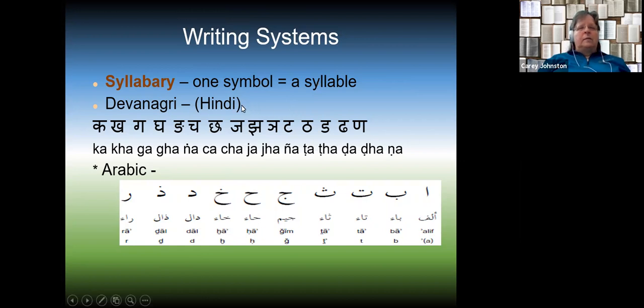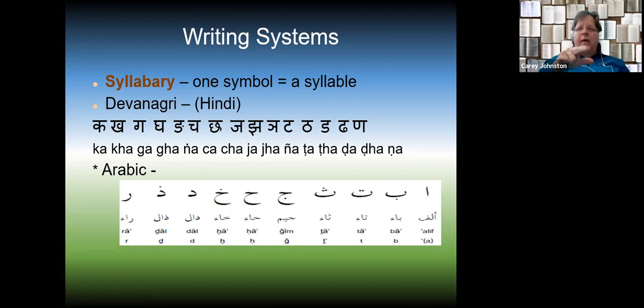The two main ones are, for example, the Devanagari script, which Hindi and a lot of other languages in India use, although there are other writing forms in Indian languages. But here the symbol is inherently a syllable. So this symbol is pronounced ka when it's just by itself.